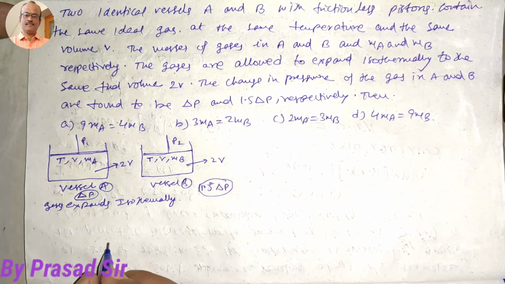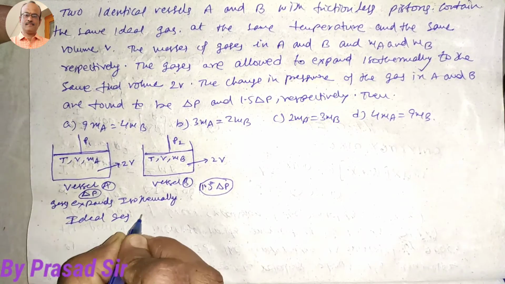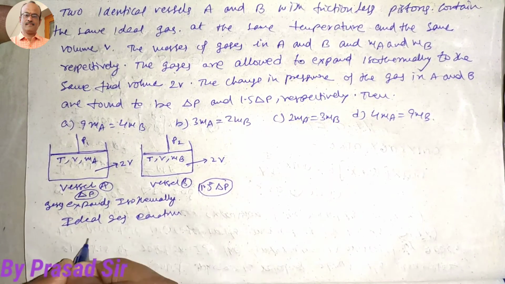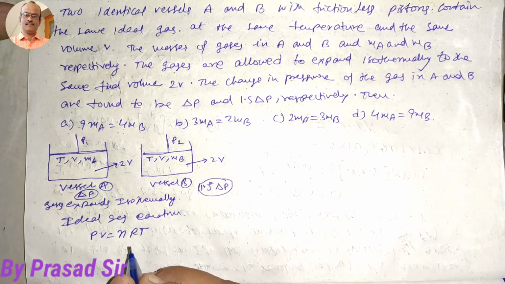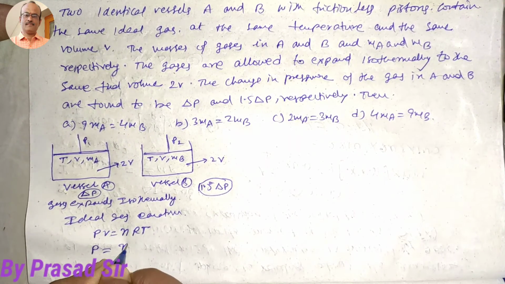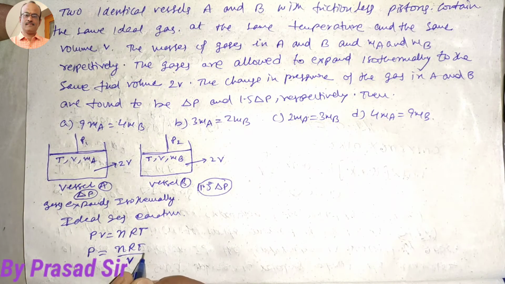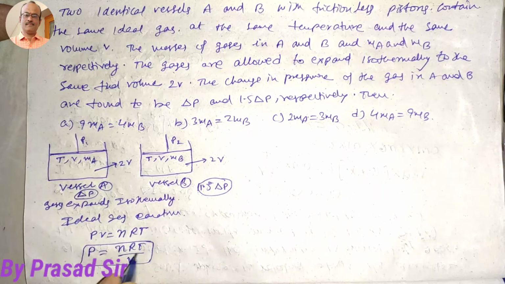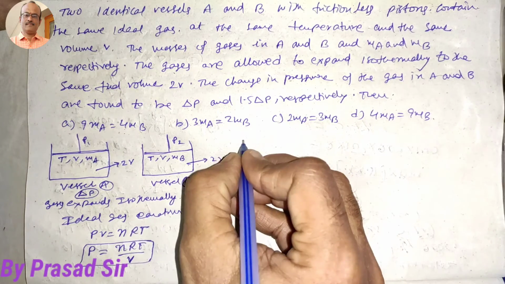So according to the ideal gas equation, PV is equal to nRT. PV is equal to nRT means P is equal to n R T divided by V. This equation I will use to find the relation between the masses.